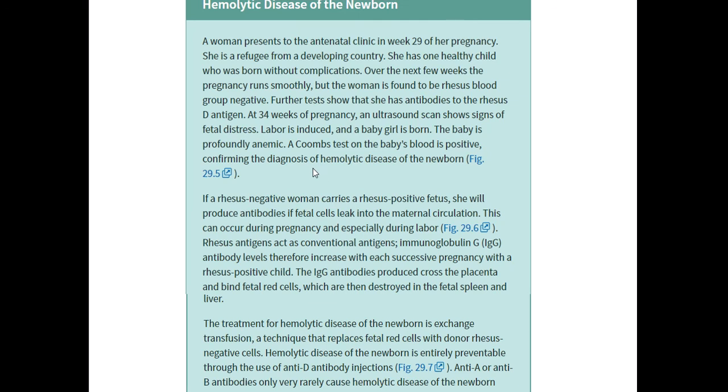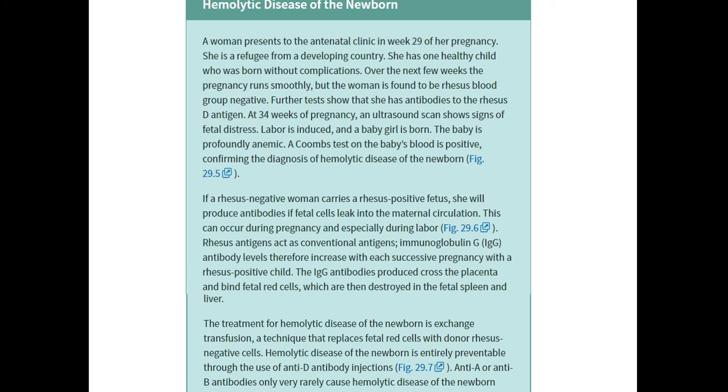Yeah, this is a typical case of the hemolytic disease of the newborn when an Rh negative mother is getting pregnant with an Rh positive baby.